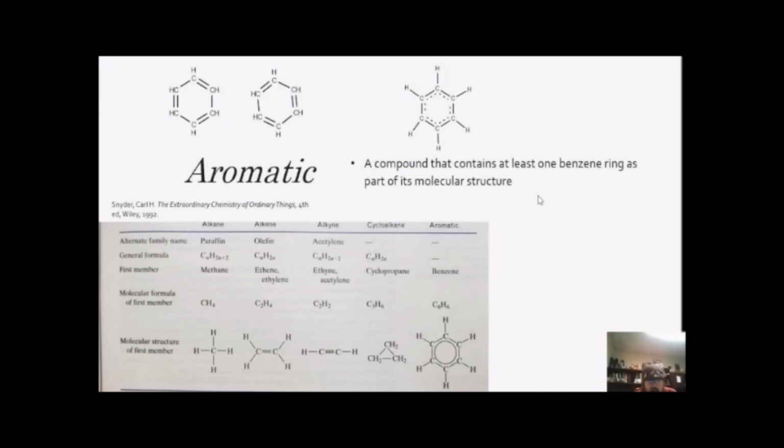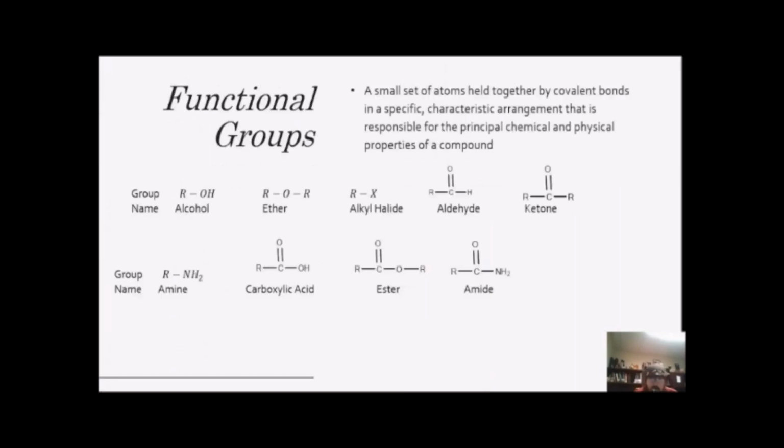But all this was still hydrocarbons, and now we'll finally get to functional groups. Functional groups are a small set of atoms held together by covalent bonds in a specific characteristic arrangement that is responsible for the principal chemical and physical properties of the compound. So all these alkanes are just the background.